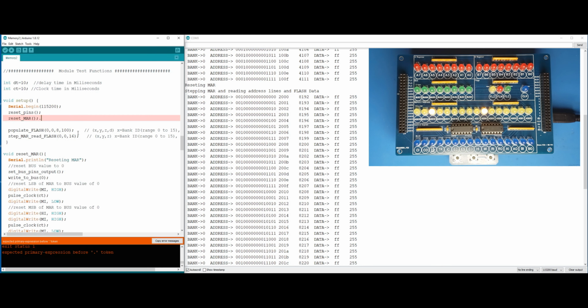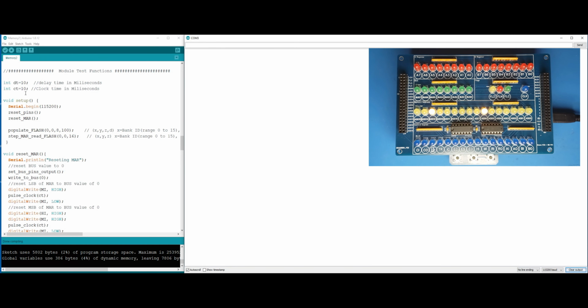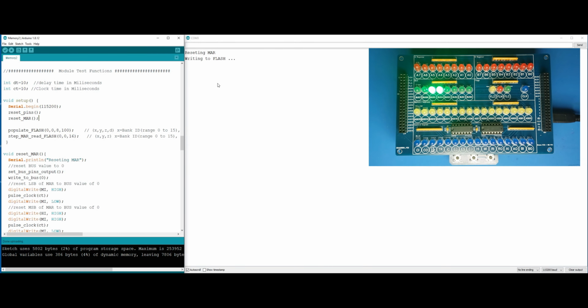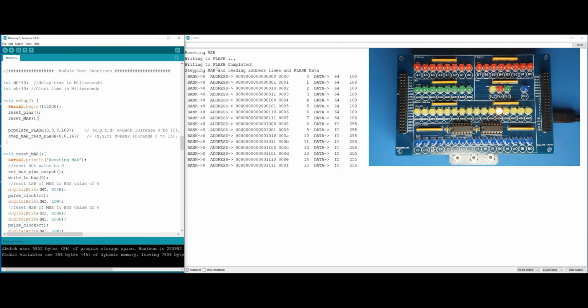Looks like I have an error here. All right, so let me clear the screen and let me just run this. So as you can see, now we are writing to the flash, and writing to flash completed.